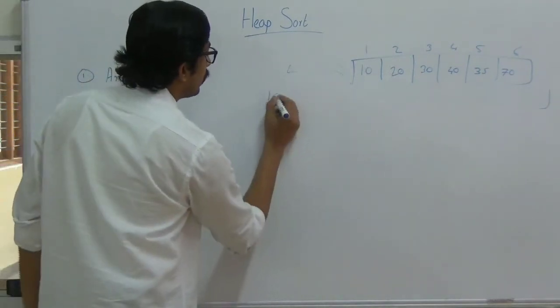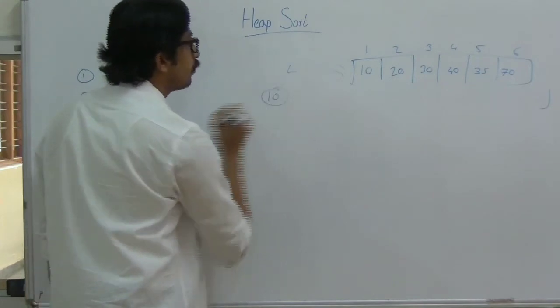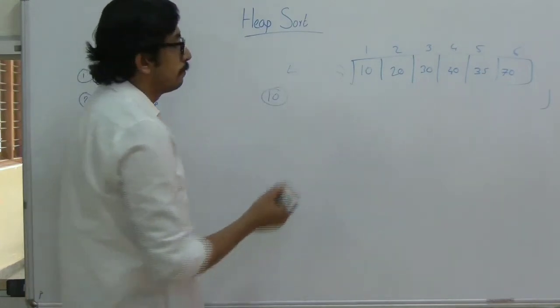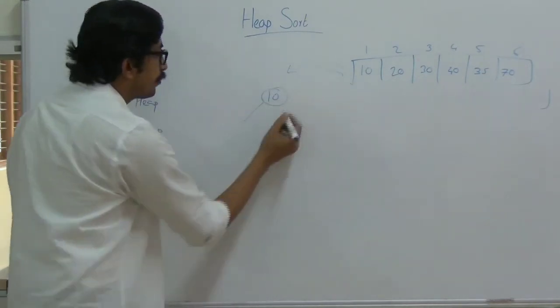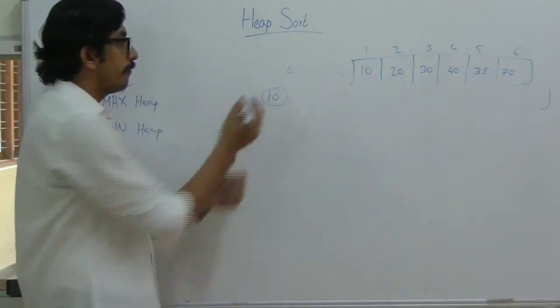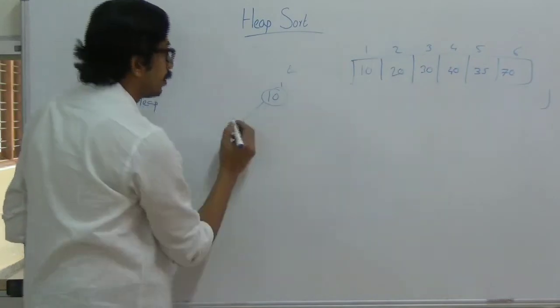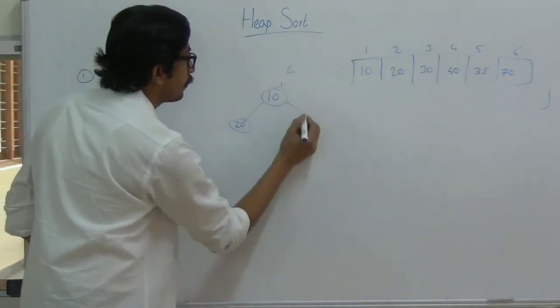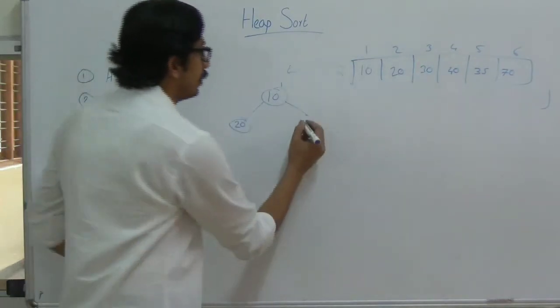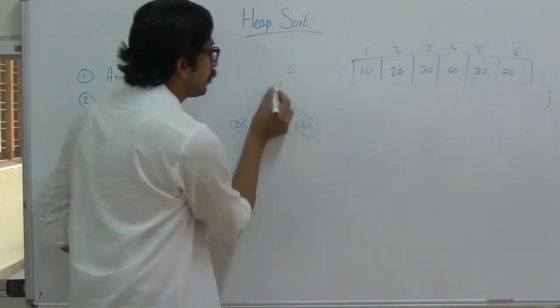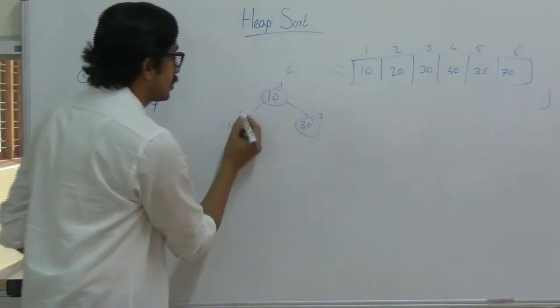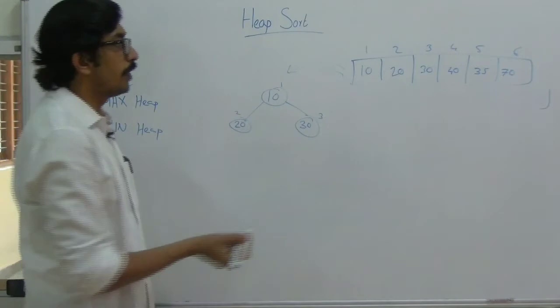Root node will be in index position 1, which means 10 will be in the root position, and to the left of 10 you will be having 2 into 1, that is whatever is in index position 2, that is 20, and 30 will be 2 into 1 plus 1, that is index position 3. What about 40?